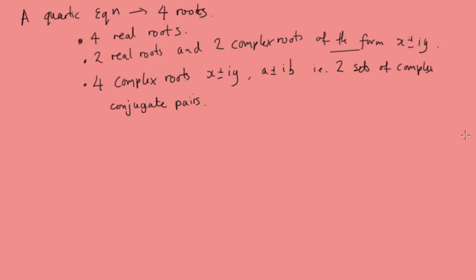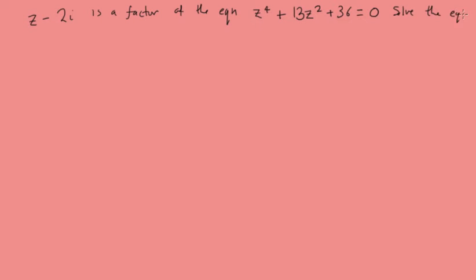Okay, let's do another example. So z minus 2i is a factor of the equation z to the power 4 plus 13z squared plus 36 equals 0. So I want to solve the equation.